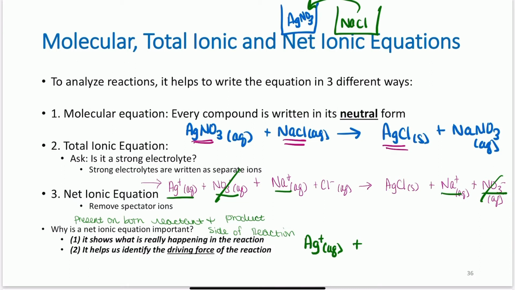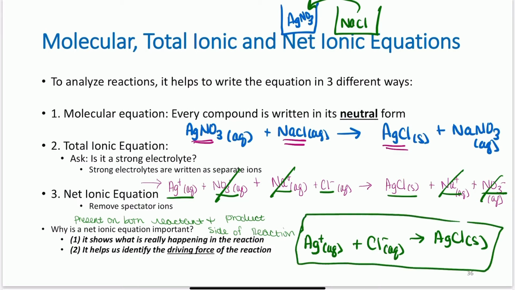The reaction was balanced to start, but one sodium, one sodium. I've got one chloride ion here and no chloride on the other side. That's all of my reactants. Now I look at my products and I have 1 mole of AgCl solid on my product side, and it's the only thing there. This is what we call your net ionic equation.